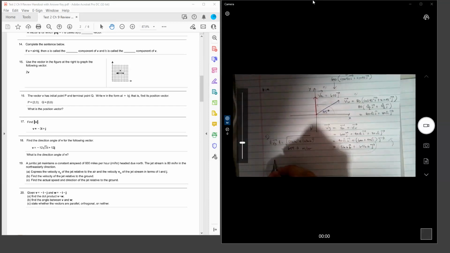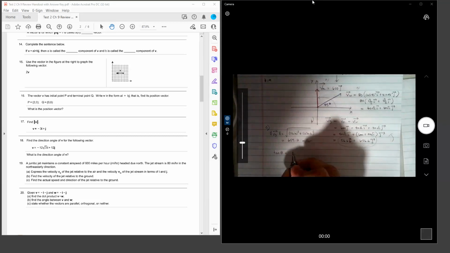So the direction angle, the tangent of theta, this is the direction angle, is given as 656.6 over 56.6. So theta is equal to the inverse tangent of whatever this happens to be. So once again, I'm going to use the calculator.